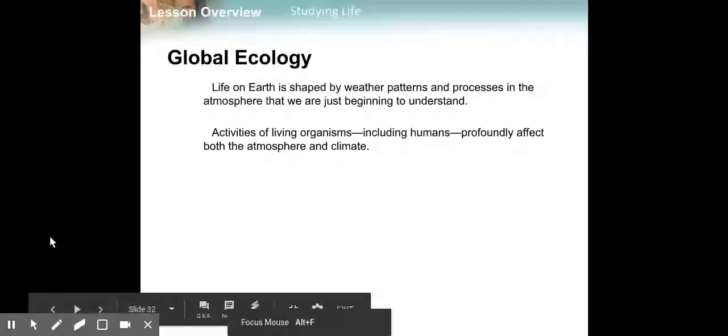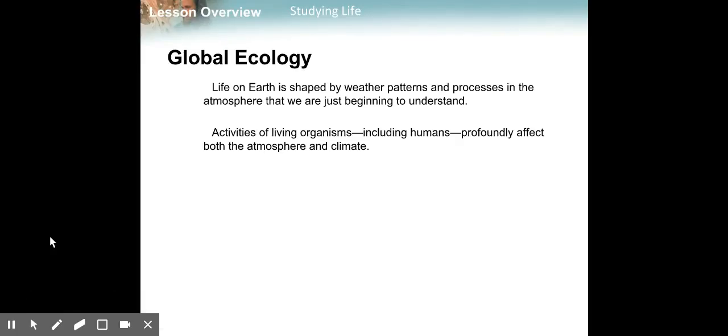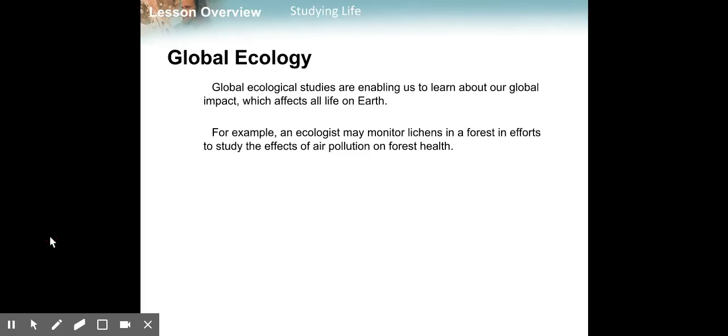So studying the living things on Earth and the atmosphere and climate that they're living in. Obviously, we can learn how we and other organisms are affecting the whole environment. The example they give, an ecologist monitoring lichens in a forest to study the effects of air pollution on the health of that forest.